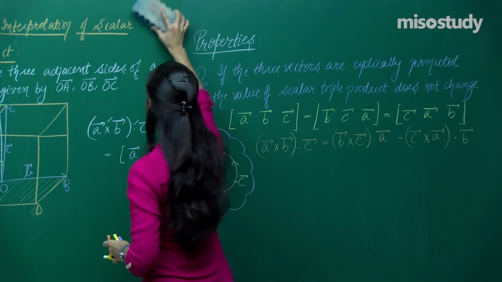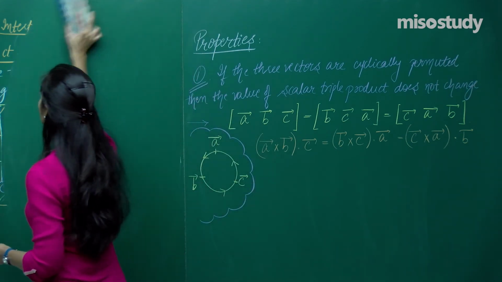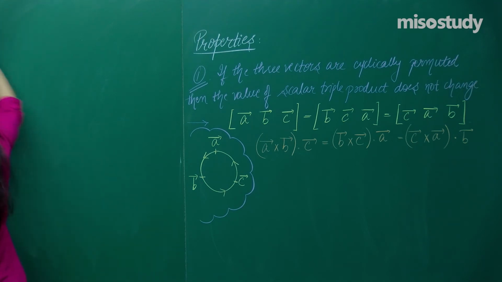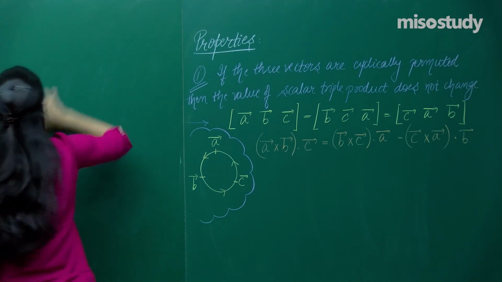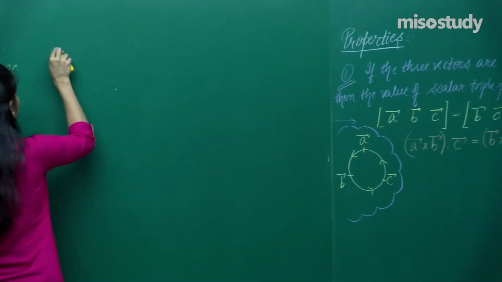But what if you disrupt the cyclic order of these three vectors? So there comes the next property.